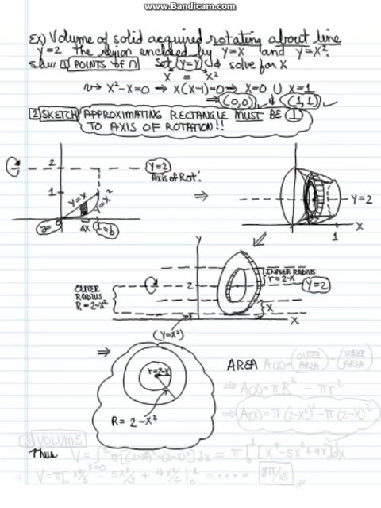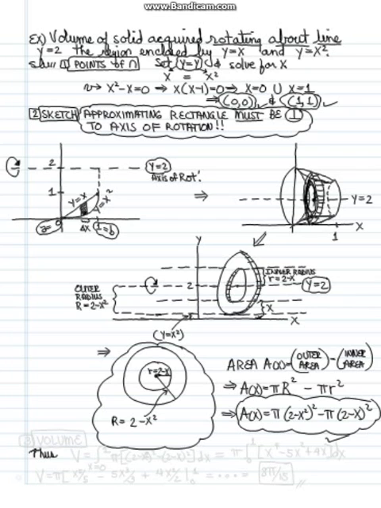Now the area, A as a function of x, is the outer area minus the inner area, since there's a hole in the middle. So A of x equals pi times capital R squared minus pi times little r squared, which means the area as a function of x is pi times (2 minus x squared) squared minus pi times (2 minus x) squared. That's the net area for the washer.